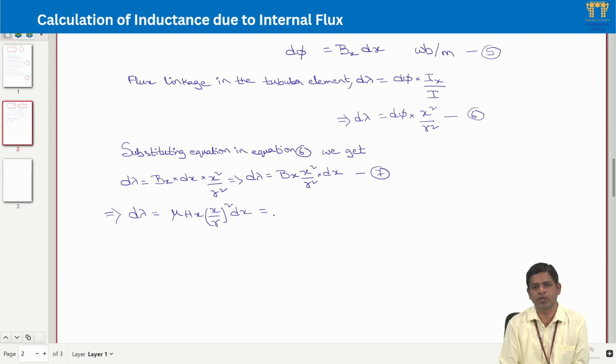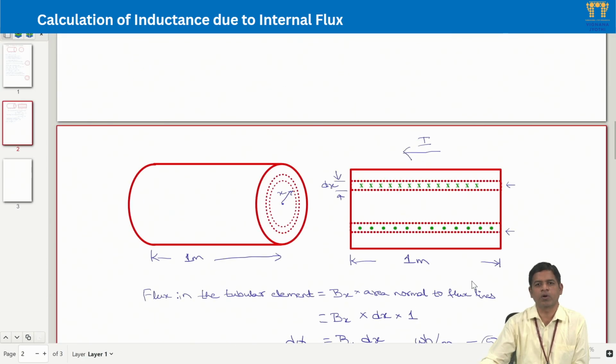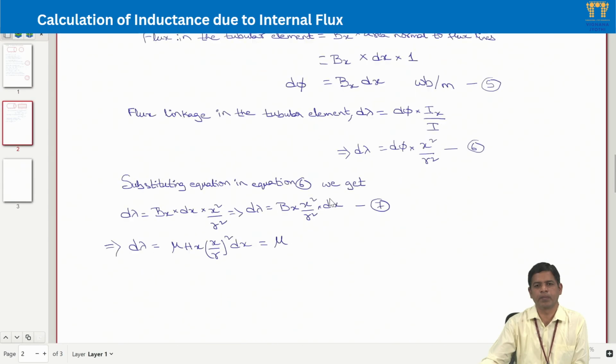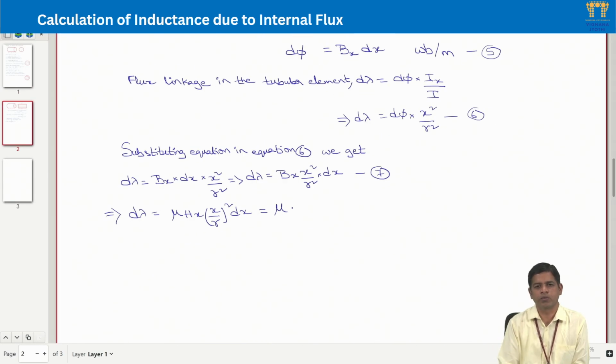So that will be equal to again mu into, from equation 4 we may write hx is equal to x by 2 pi r square into I, so it is x by 2 pi r square into I into x by r whole square into dx.